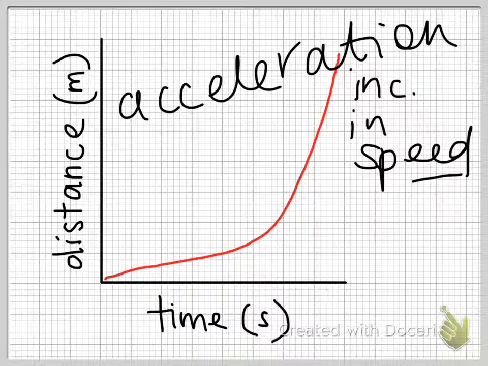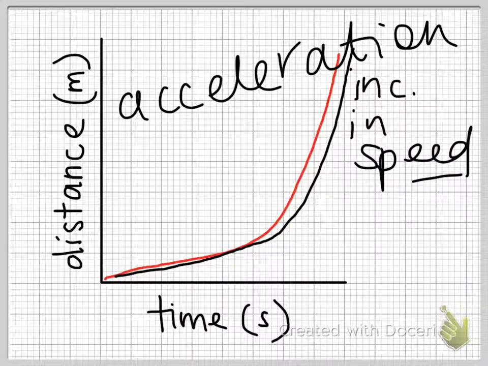So, in other words, over time, the distance the object moves is getting larger. It's changing at a faster rate. So here it's a bit low and flat, and then we suddenly go up and increase. So this is showing that this object is actually accelerating.